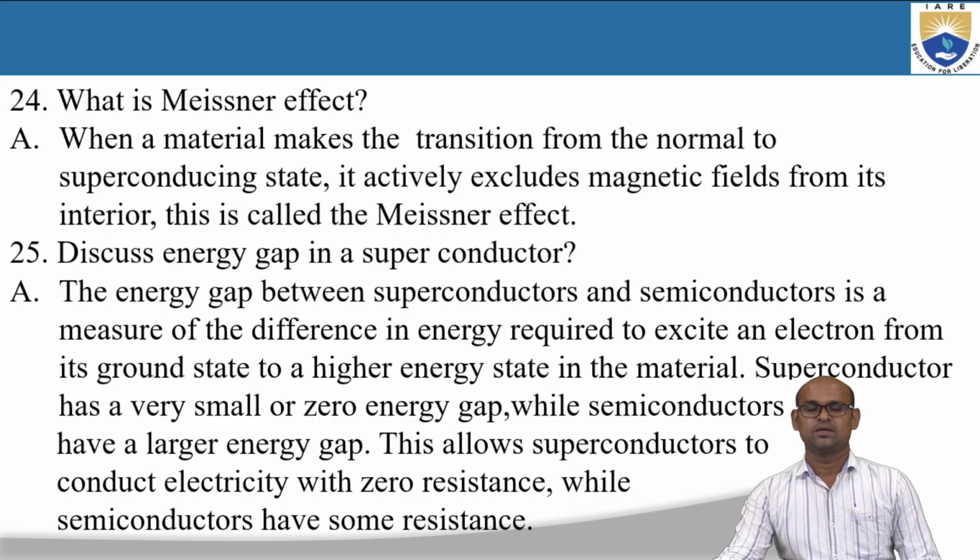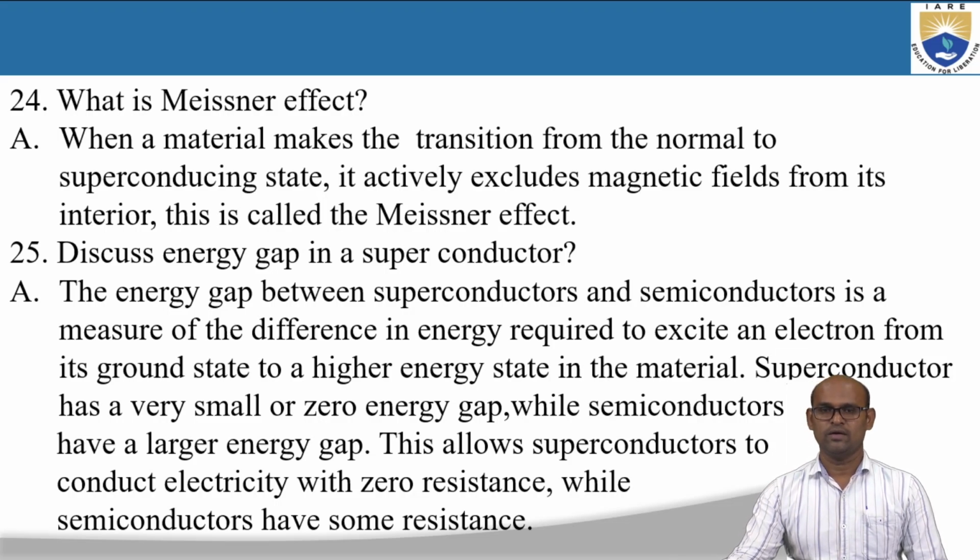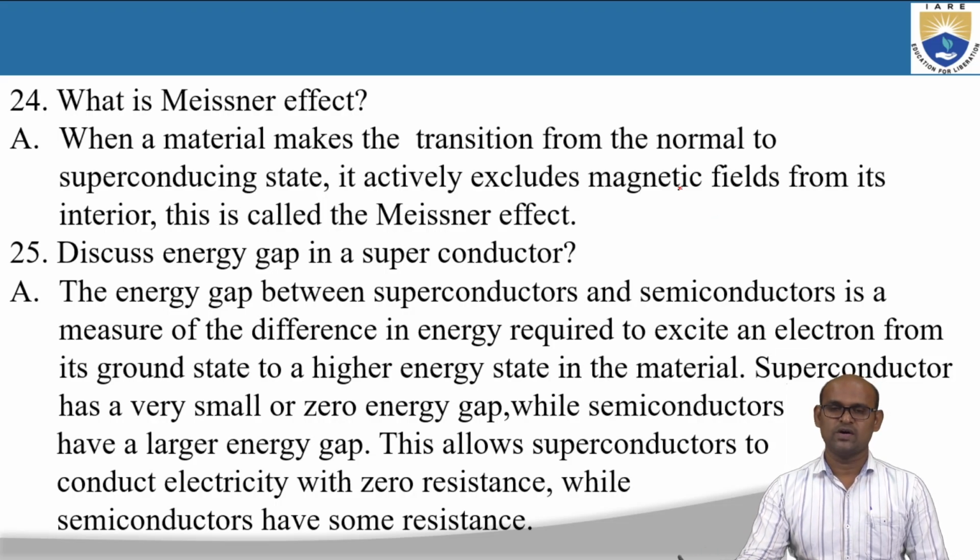What is the Meissner effect? When a material makes the transition from the normal to the superconducting state, it actively excludes magnetic fields from its interior. This is called the Meissner effect. Meissner was the first scientist to observe this effect in superconductors.